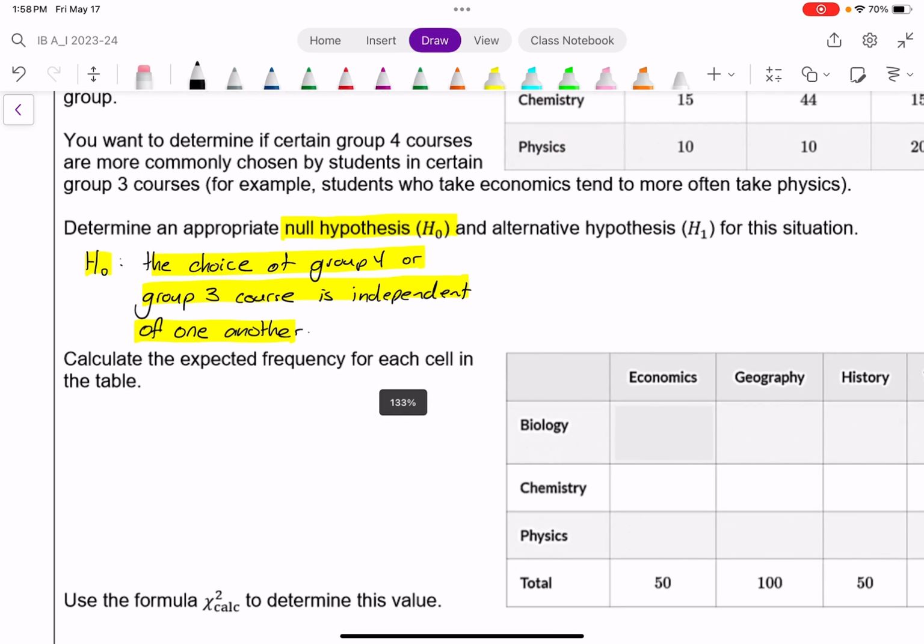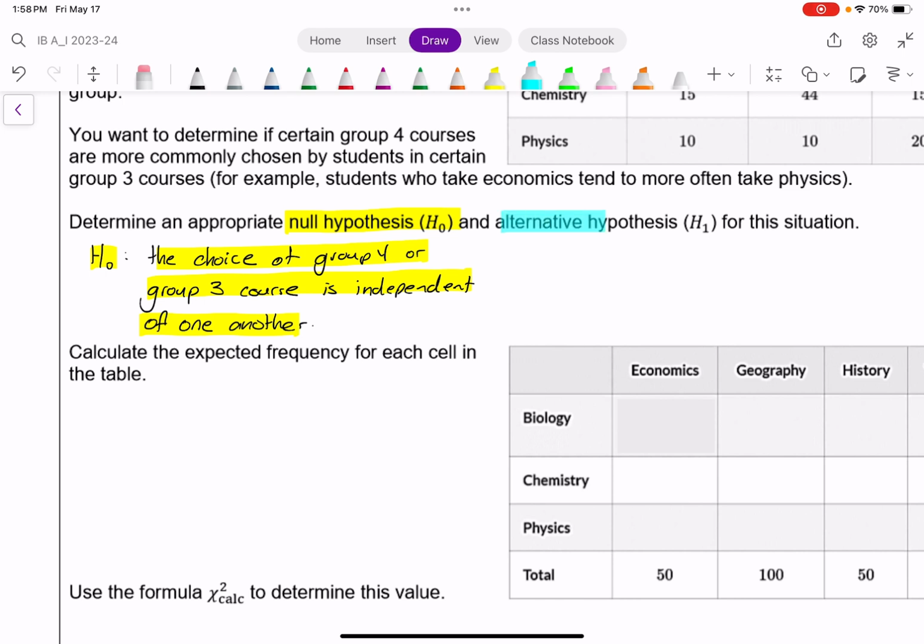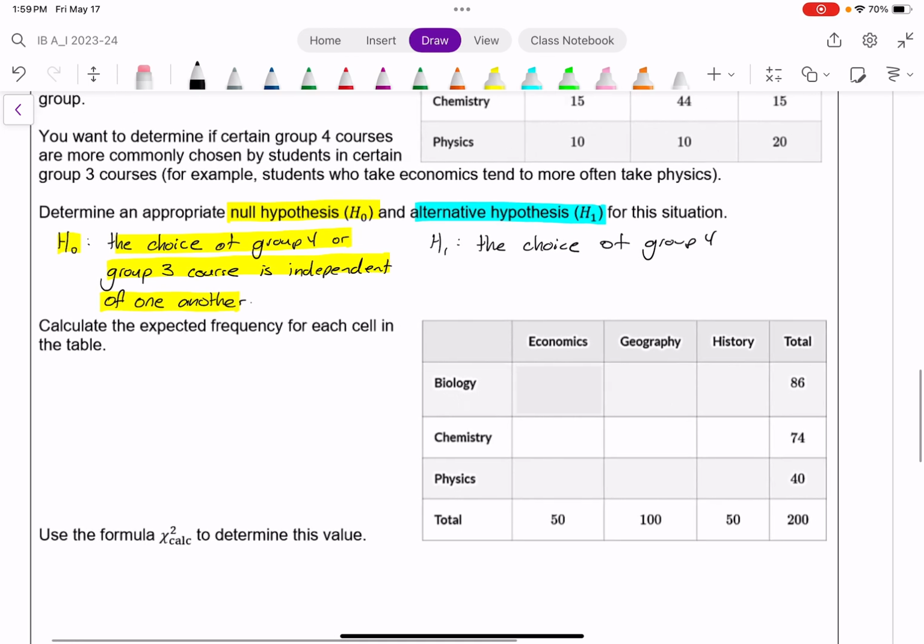The alternative hypothesis, which we denote H1, is the complement of this. It should leave no other options. So if the null hypothesis is that the choice is independent, then for H1 you could say the choice is dependent, or even better, just say the choice of Group 4 or Group 3 is not independent.